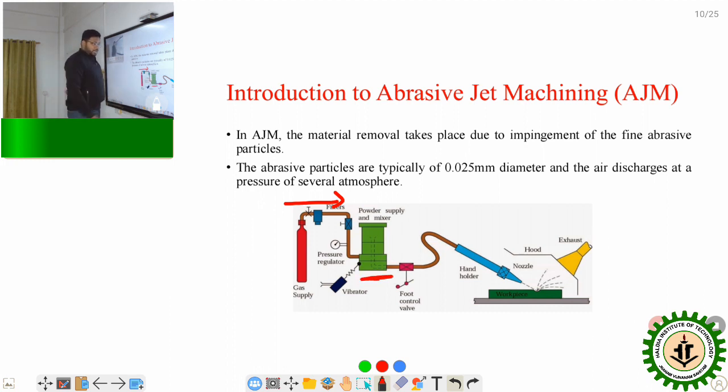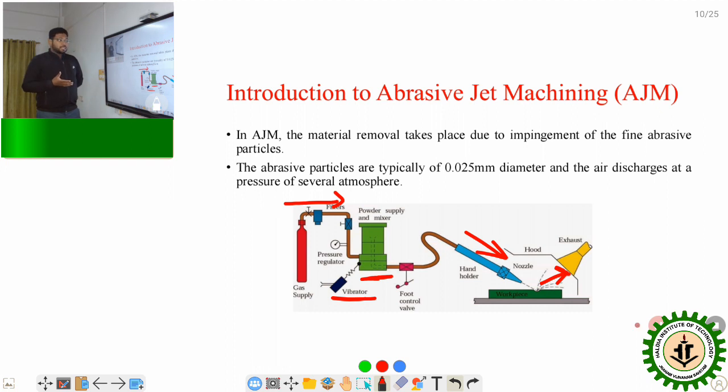In this chamber, there are some abrasive particles, and it is always in vibration. When the gas passes through this chamber, the powder will mix with the gas and flow through the nozzle, and from here it will strike over the surface, and as a result the striking force will remove the material and the removed material will be flushed away in this manner.